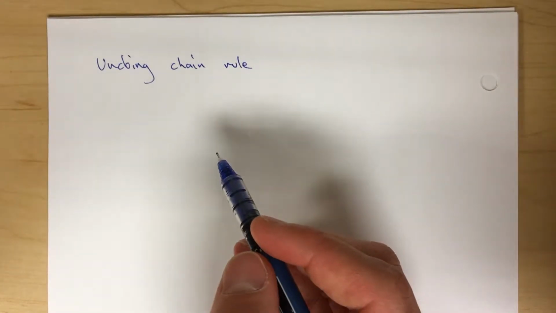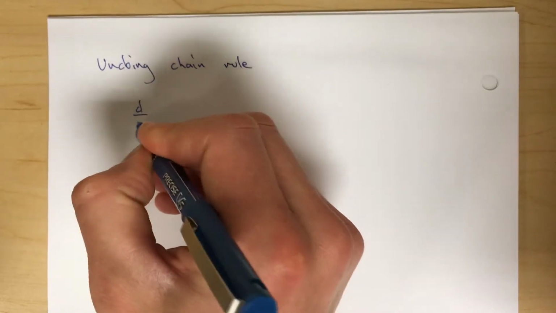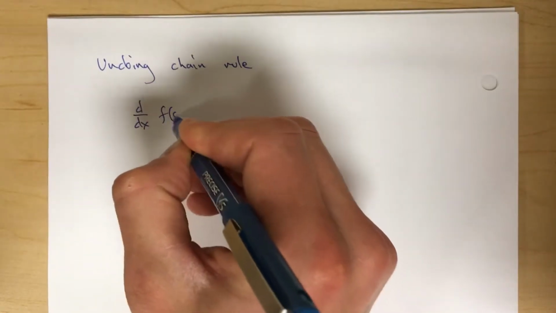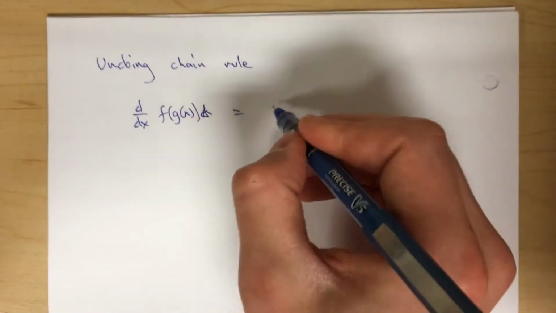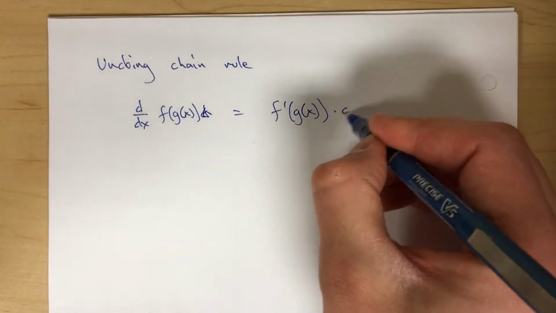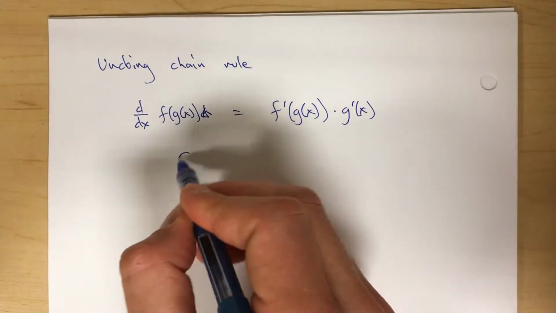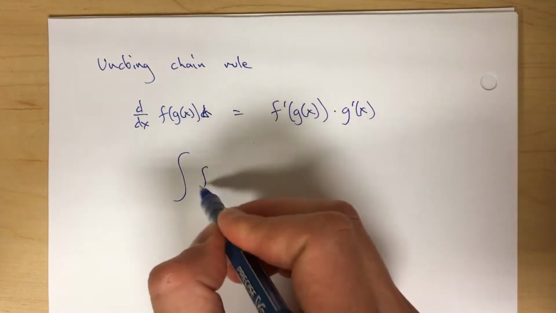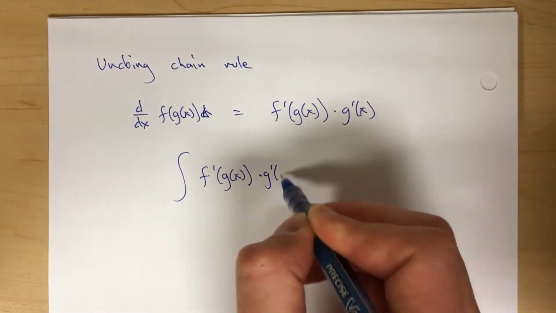You might remind yourself that the derivative of f of g of x is equal to f prime of g of x times g prime of x. So what we're looking for is the antiderivative of f prime of g of x times g prime of x.